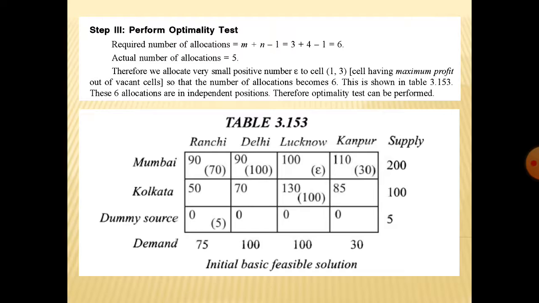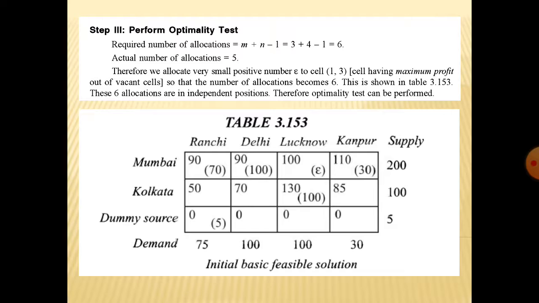Step 3. The required number of allocations is m plus n minus 1. How many columns are available? 3 columns. How many rows are available? 4. Minus 1, it is equal to 6. We are going to get 6 allocations. In this problem, how many allocations are available? There are 5 allocations available.